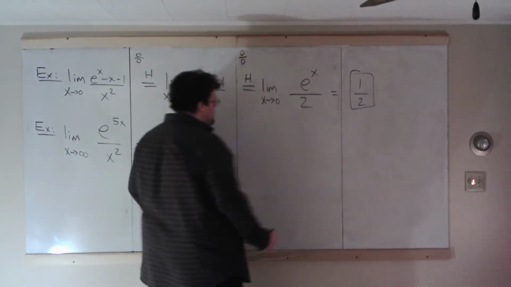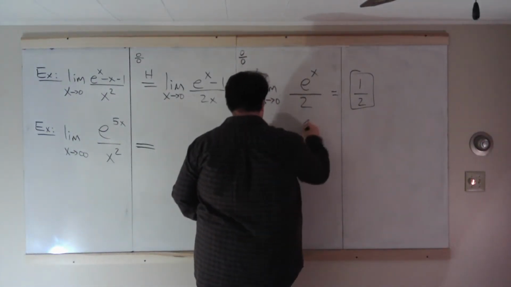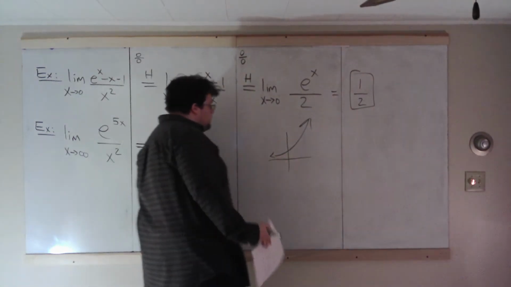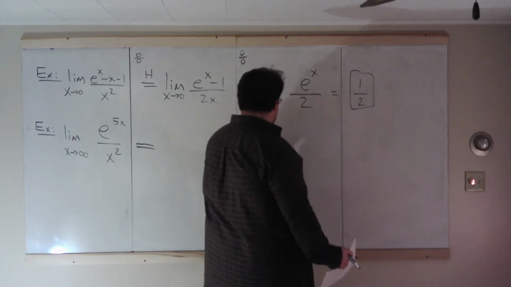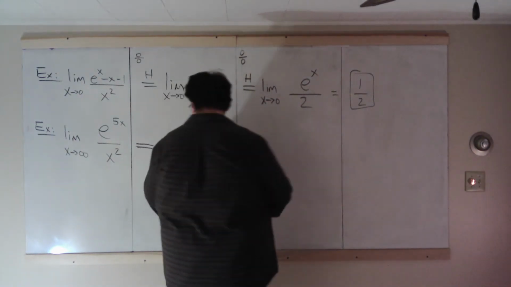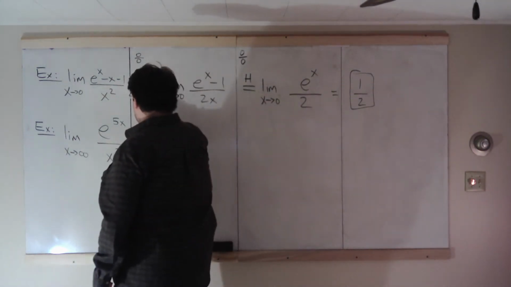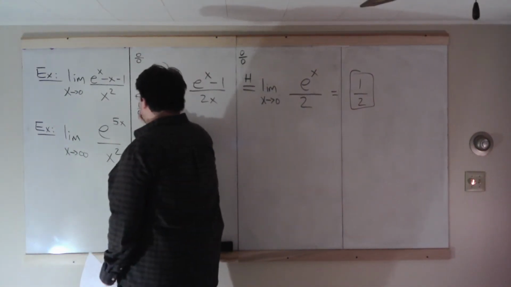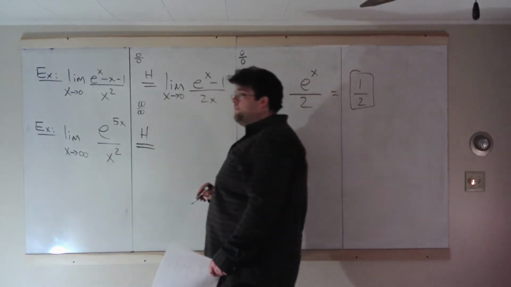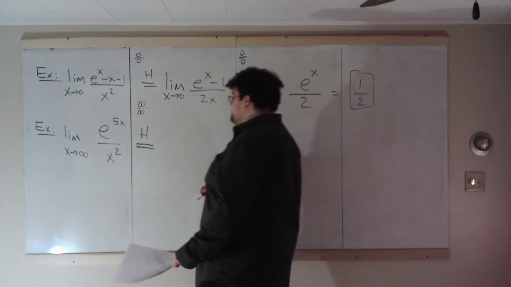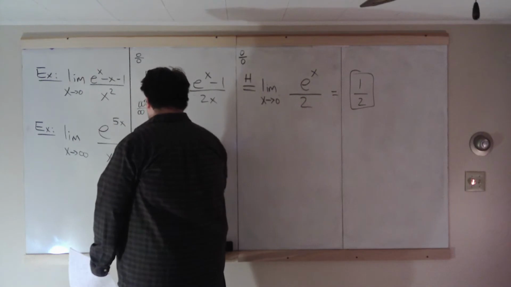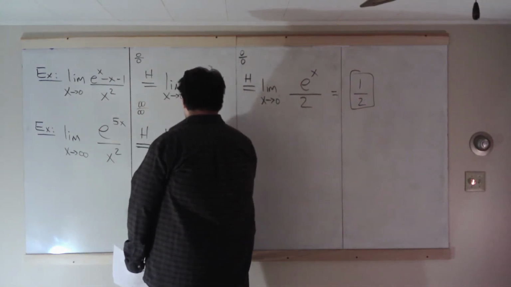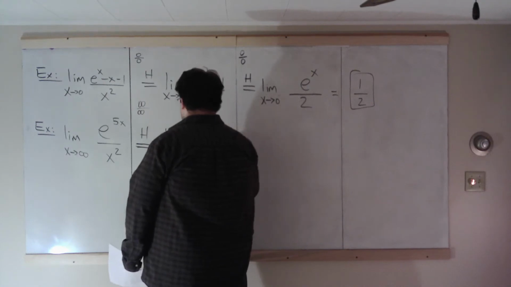E to the x goes off to infinity as x goes to infinity, so e to the 5x blows off to infinity. As x goes to infinity, x squared goes to infinity. We have an infinity over infinity, so we can apply L'Hopital's rule. That limit now equals this limit. The derivative on the top is 5e to the 5x.